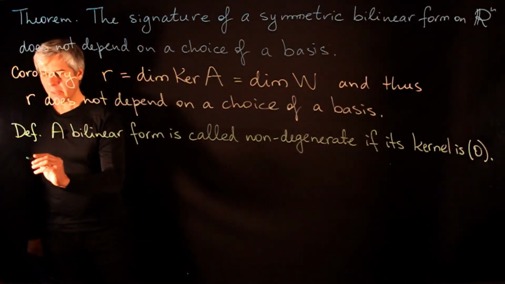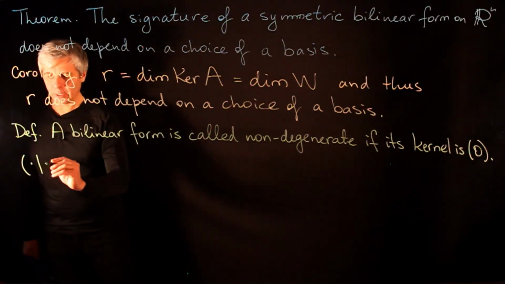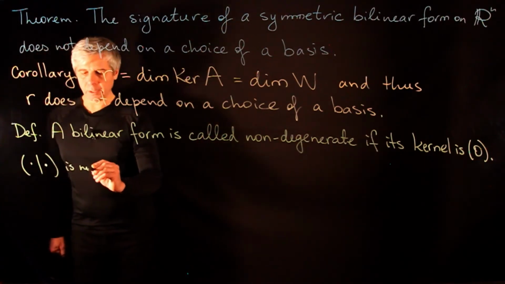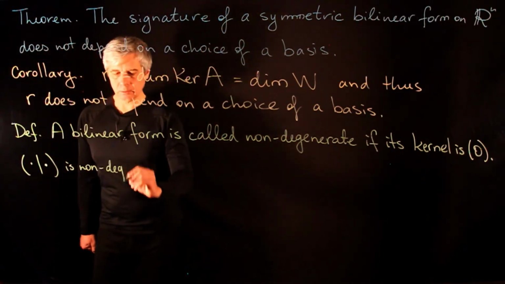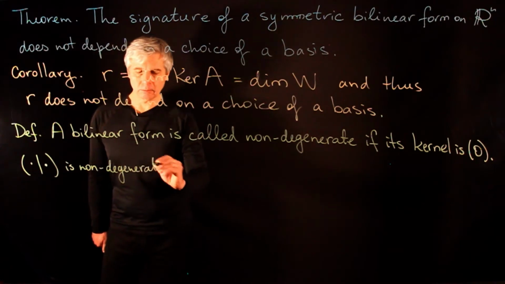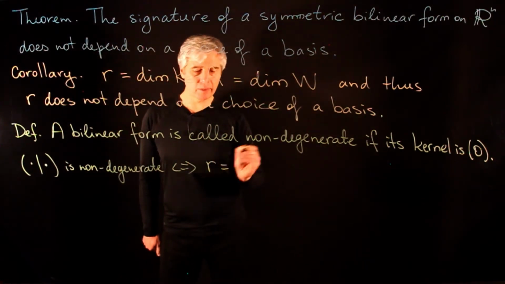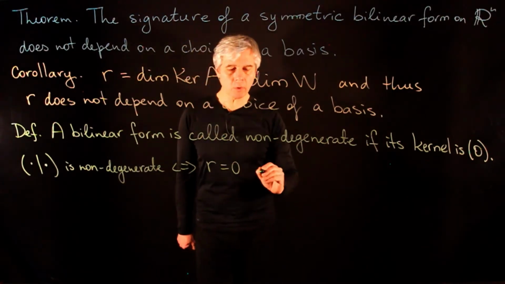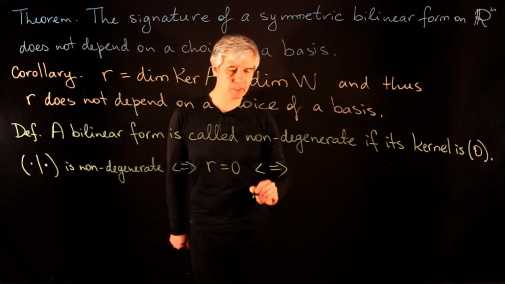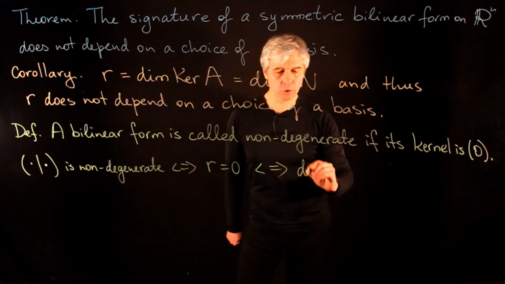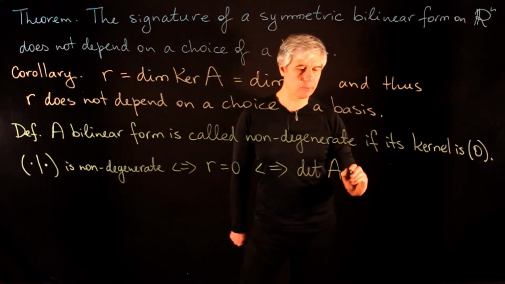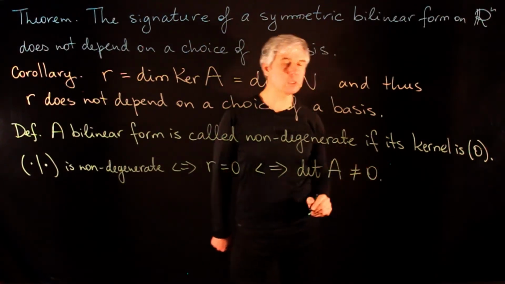And we see that a bilinear form is non-degenerate if and only if the value of R in the signature is equal to 0, and this happens if and only if the determinant of the matrix of the bilinear form is non-zero.